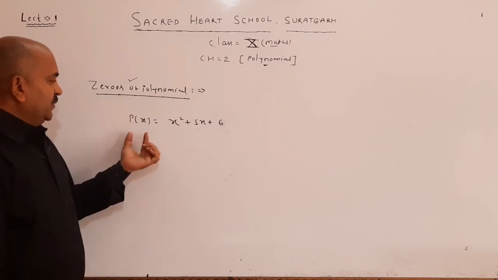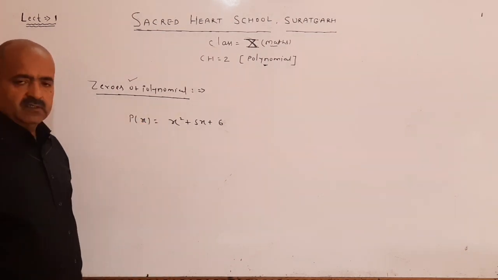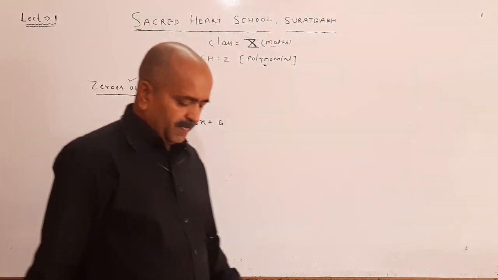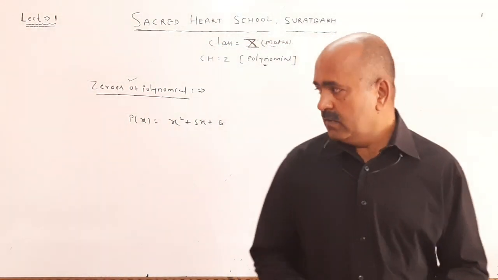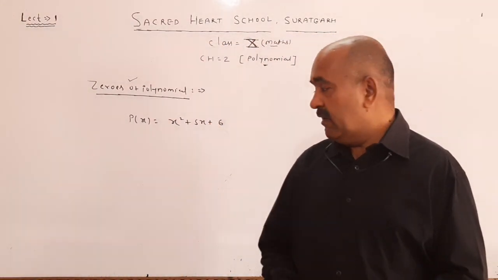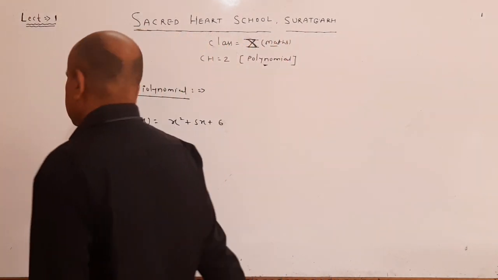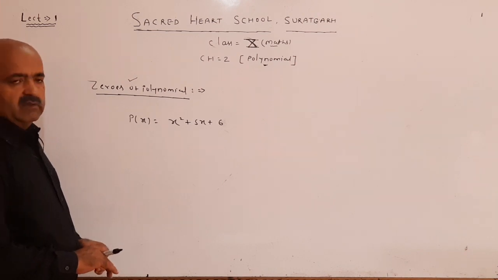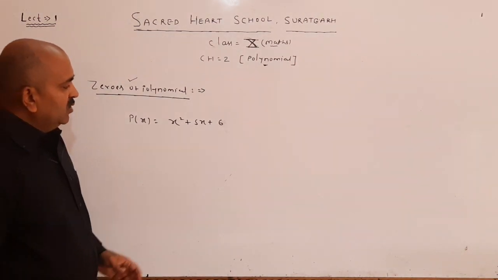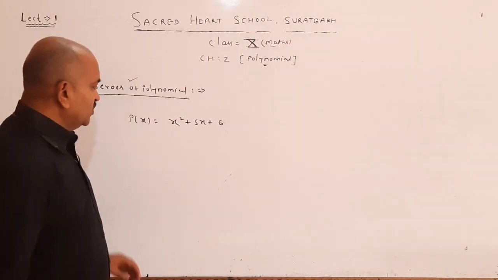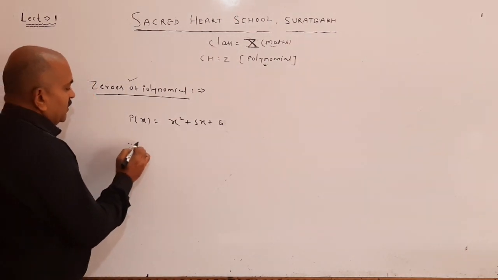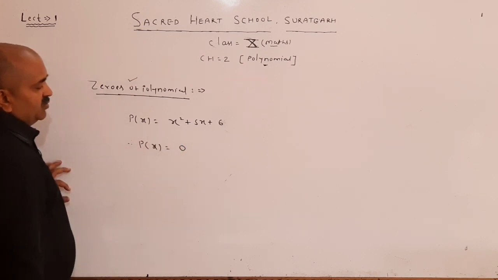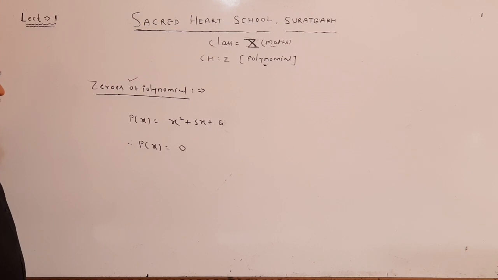Because this is quadratic and the degree of this polynomial is 2, there are 2 zeros. And to find the zeros of the polynomial, we take this value equal to 0.